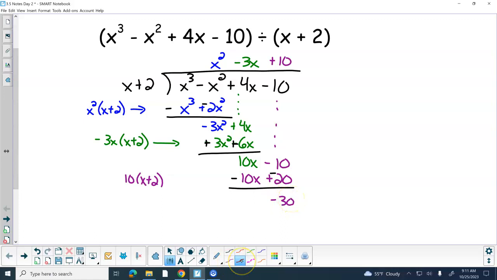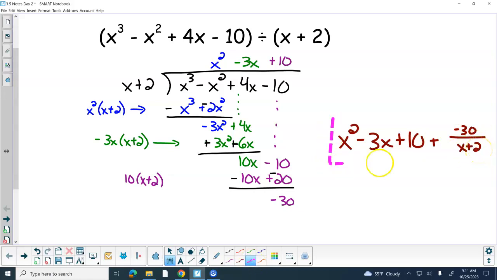So my final answer would be x squared minus 3x plus 10 plus negative 30 over x plus 2. Agree? Yes or no? Okay. All good.